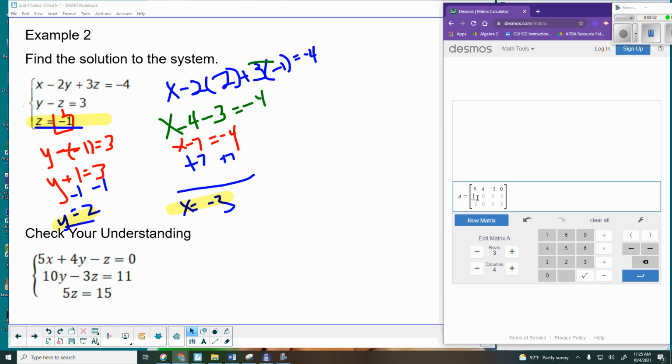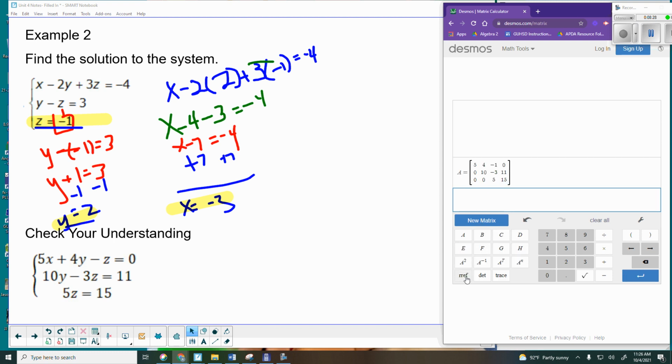Now our second row, we don't have anything there for x. So that's actually going to be 0. Then we have 10 with y, -3, and 11. And then our third row, we don't have anything in for x, so that's a 0. We don't have anything there for y, so that's a 0. Then 5 and 15.